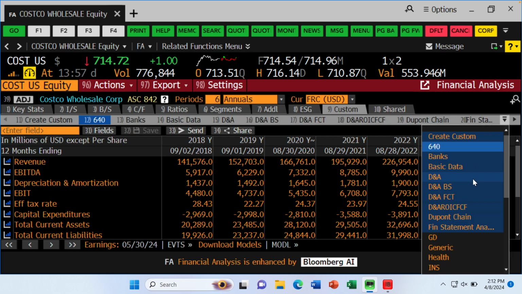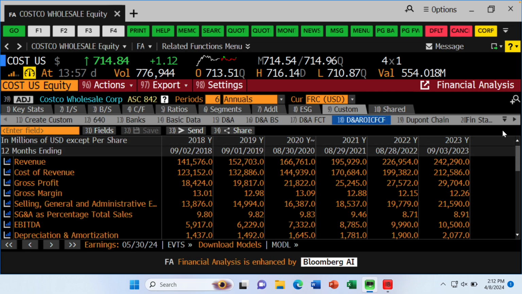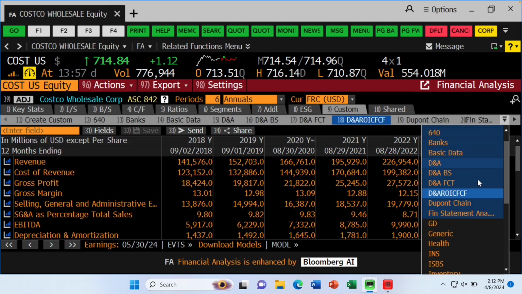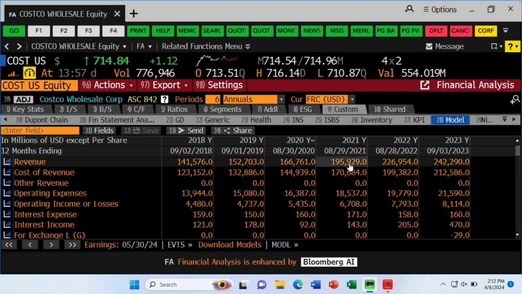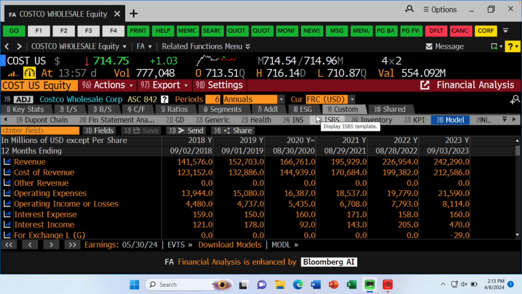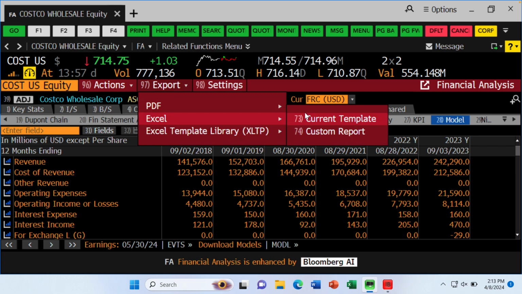Mine's called the model template. Six years of historical data, no extra columns. Hopefully you changed your settings to 6 and unchecked those 4 boxes so you don't have any miscellaneous columns. Otherwise, it's going to cause a problem when you import the data. Then you would export that template to Excel.